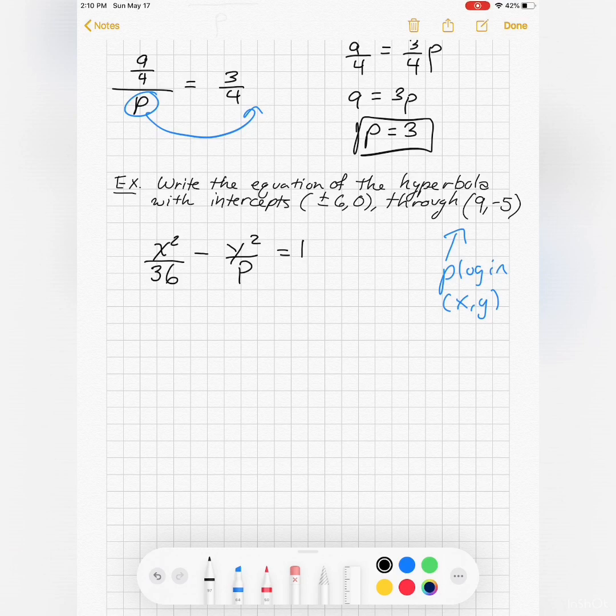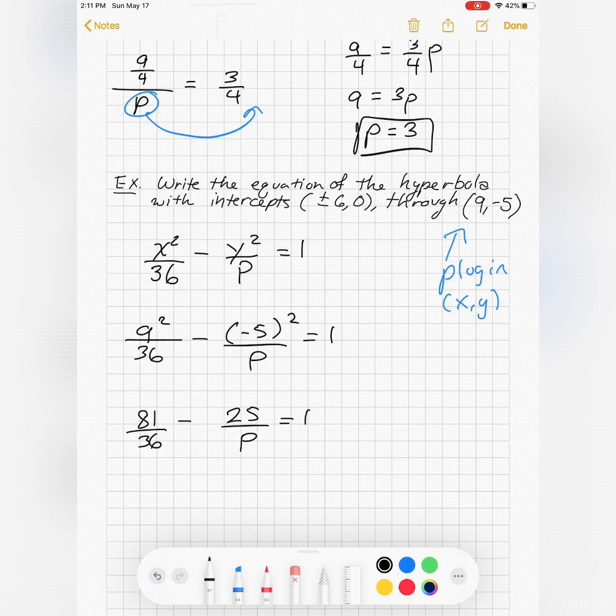Okay, so let me plug these values in. Let's see, 9 squared. Oops. I don't know, multiply by 36p.